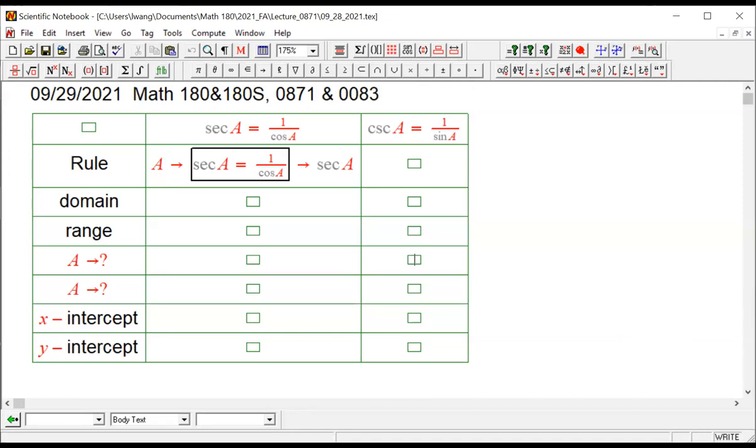Tomorrow, I hope to get started on the trig inverse functions. Why trig inverse functions? That's another important topic. We have much to discover, and that's what I will do with your class.